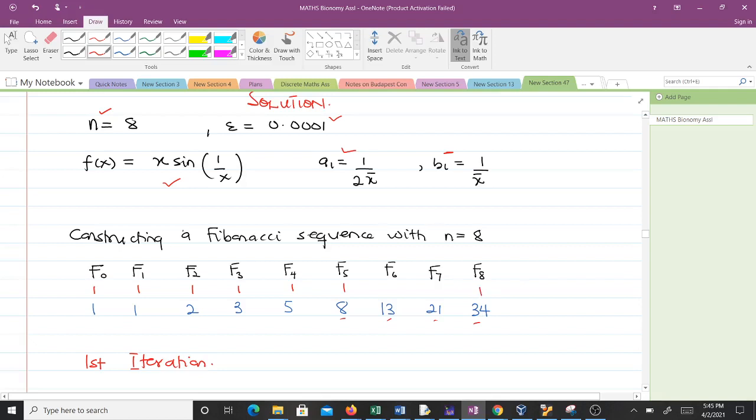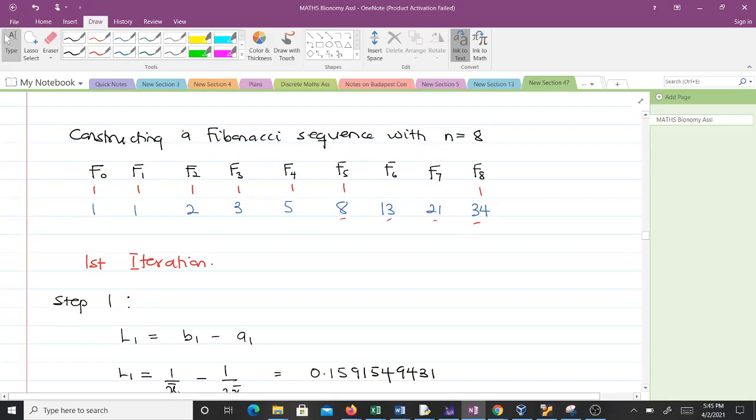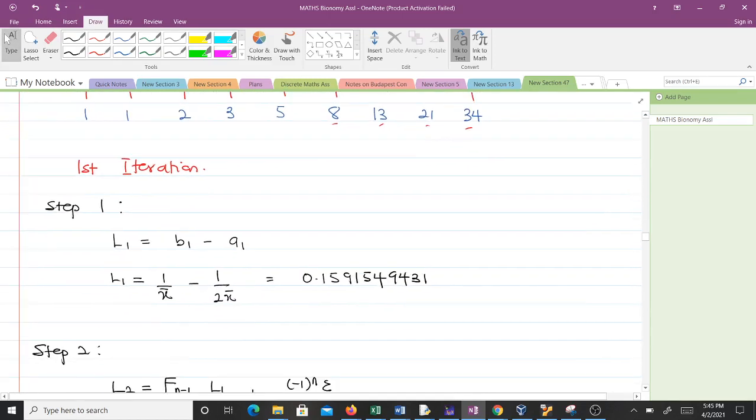So now from the iteration, the first step says we should compute L1, and L1 is equal to B1 minus A1. Okay, so B1 is 1 over pi, and A1 is 1 over 2 pi.